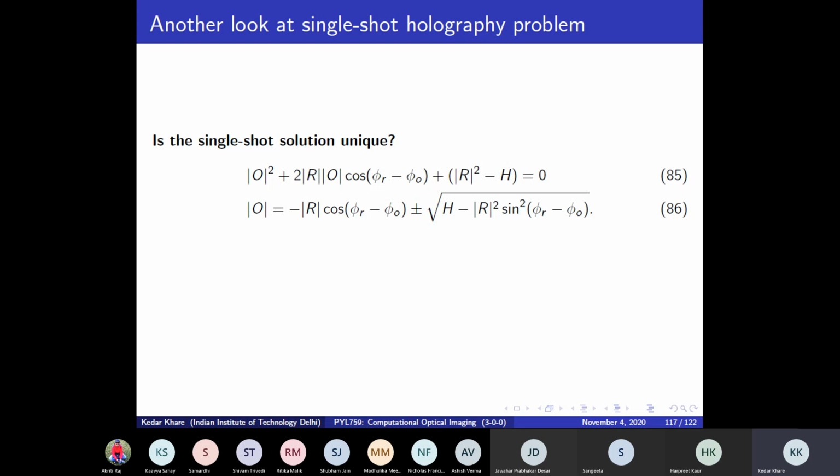I have just rearranged the terms. This is the same interference equation, H equal to R square plus O square plus the cross term, but I have rewritten it such that now it becomes a quadratic equation in the magnitude of O.